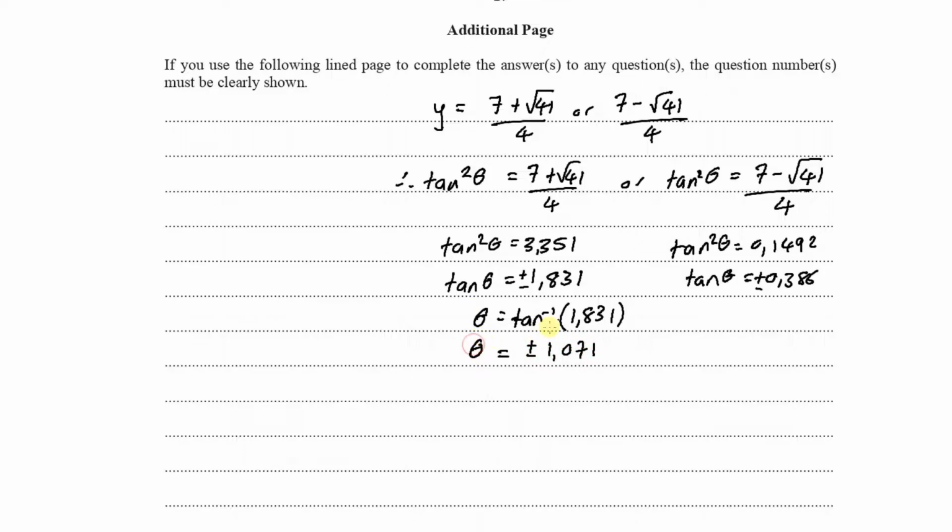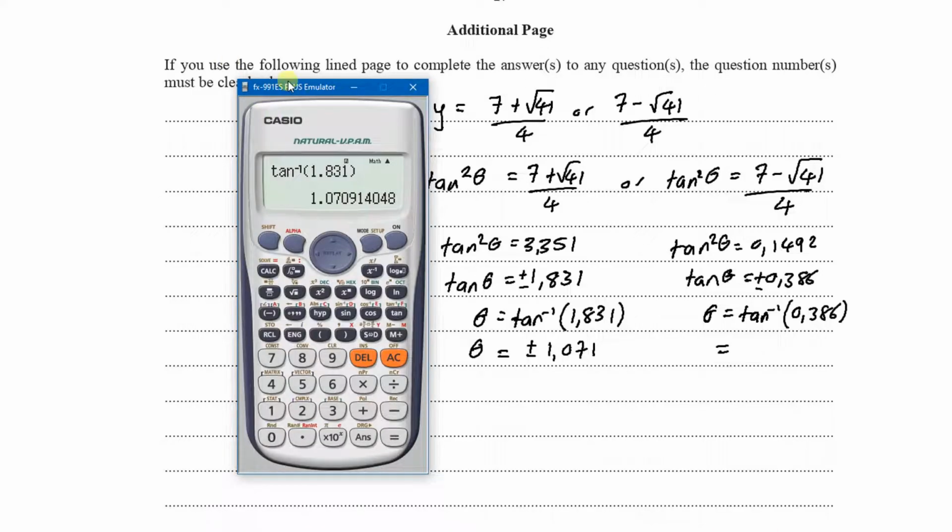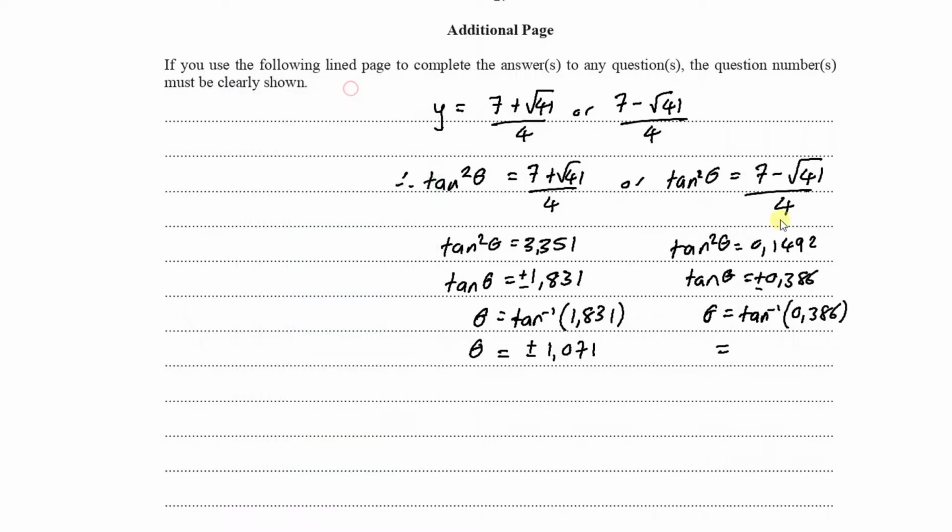So that's what we have for theta here. And here theta will be arctan of 0.386, and using the calculator, that's second function tan of 0.386, and that's 0.368. So we have 0.368 here, and plus or minus.